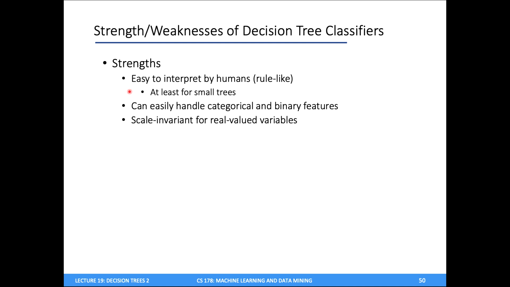Another benefit of a decision tree classifier is you can easily handle categorical and binary value features in the same framework that you would handle real value features. So no matter what data we have, we can stick it into a tree and it'll work basically the same. Another benefit is that it's scale invariant for real valued features. What I mean by this is that we've seen on a lot of data sets that scaling your data such that your features are all on the same scale is really important.